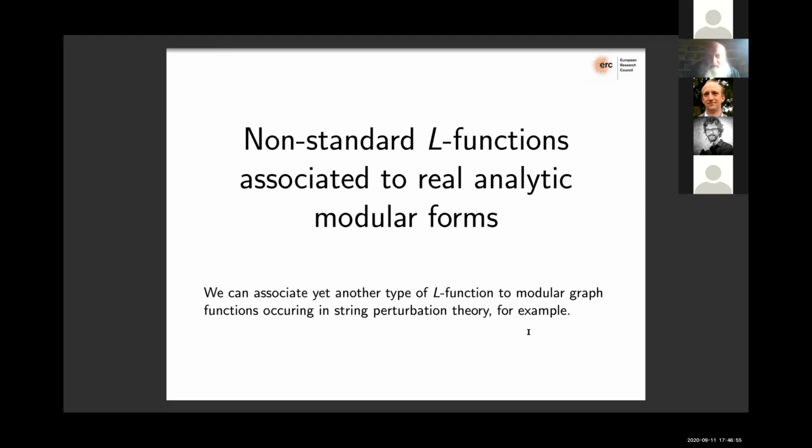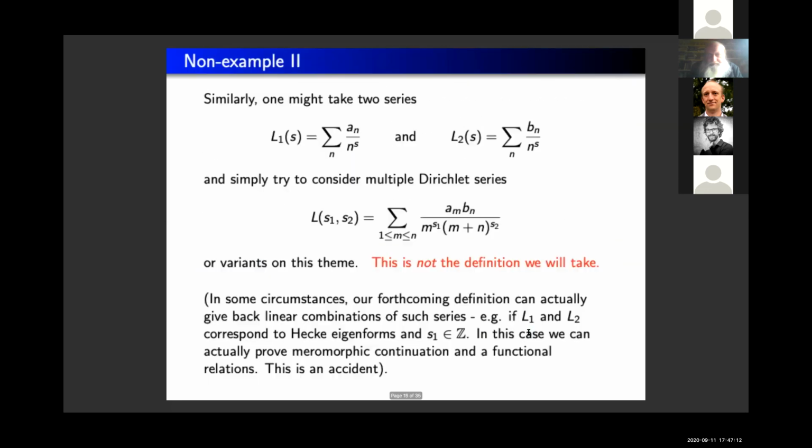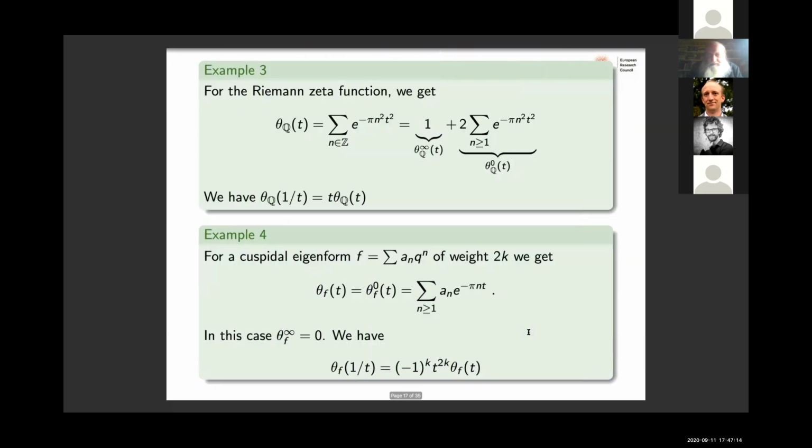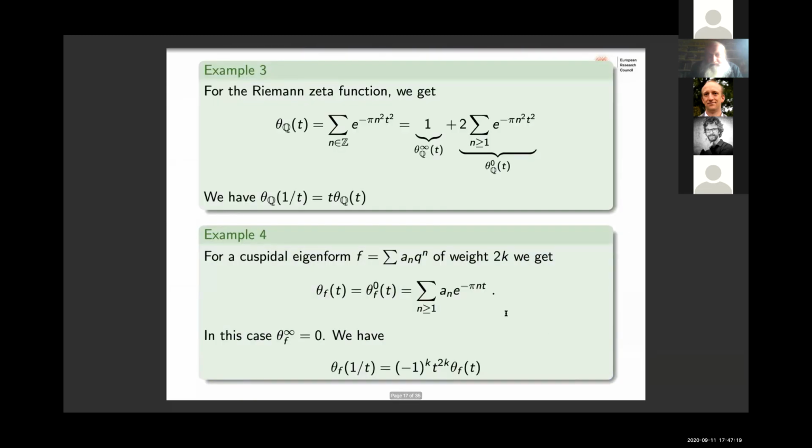momentarily. So I discussed classical L functions and defined some multiple version of them. Now I'm going to do something different. So to motivate this, let's just flick back. So Hecke, what did Hecke do? Hecke, who was just thinking about modular forms, of course.